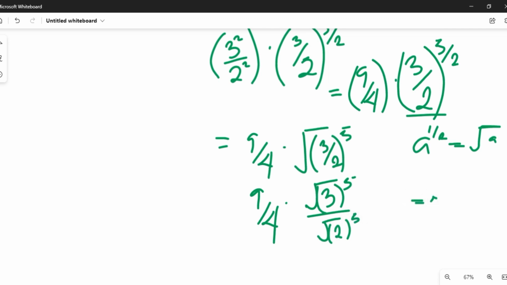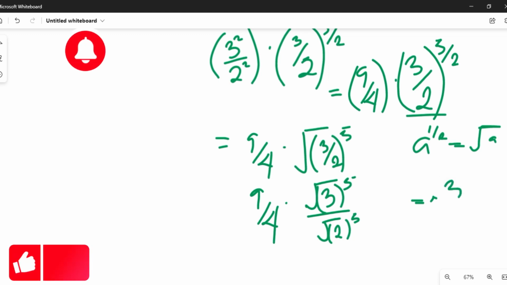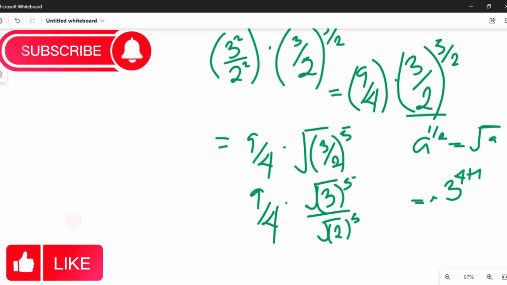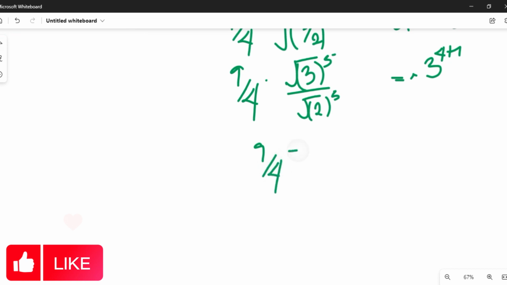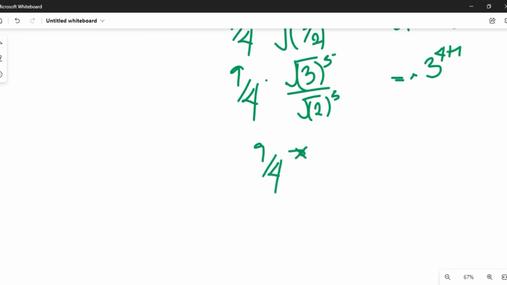Now remember that 4 plus 1 is equal to 5. So we can write this as 3 raised to power 4 plus 1. Applying that to this equation, we have 9 over 4 multiplied by the square root of 3 raised to power 4 plus 1 over the square root of 2 raised to power 4 plus 1.